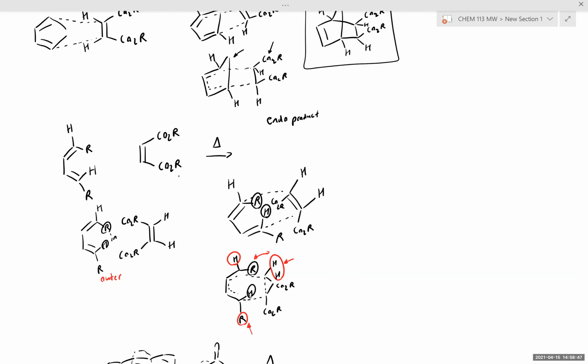And then I would love for some students to share their proposed structure of the Diels Alder product as an annotated structure on the class whiteboard. And if you have any questions, don't be shy to ask them in the chat or verbally.